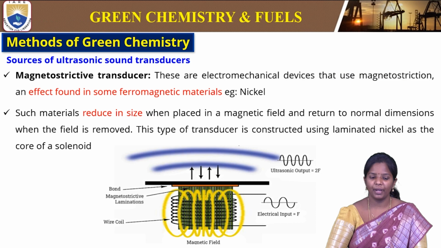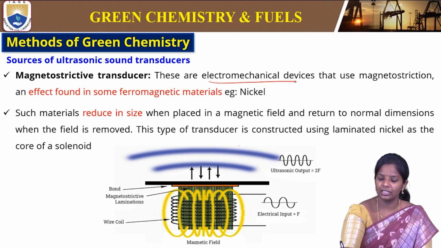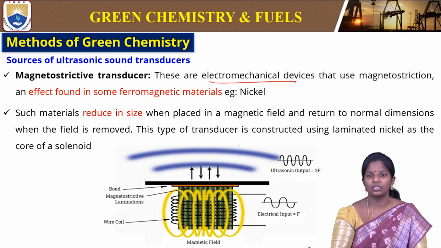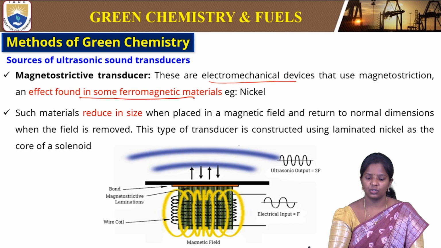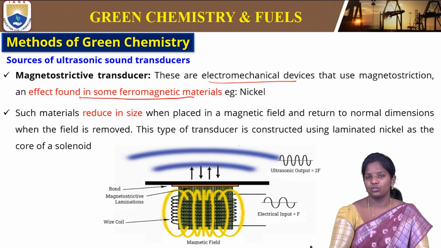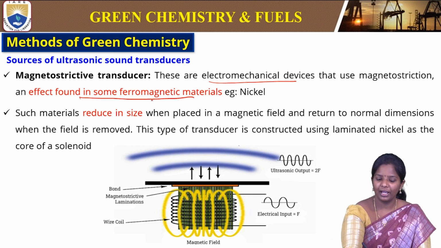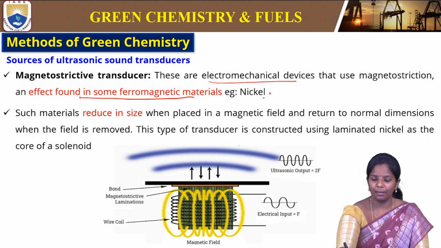So next is the magnetostrictive transducer. These are electromechanical devices that use magnetostriction, an effect found in some ferromagnetic materials. In this type of transducer, ferromagnetic materials are used, for example nickel.